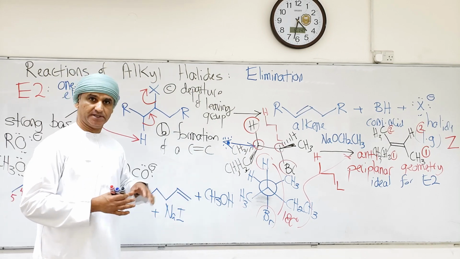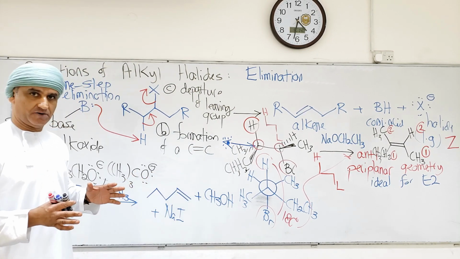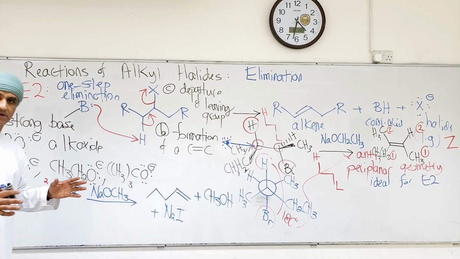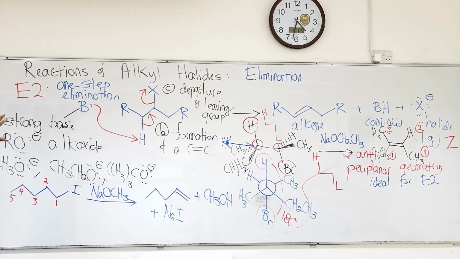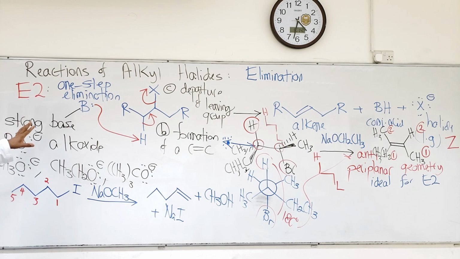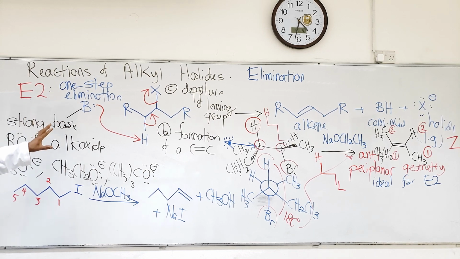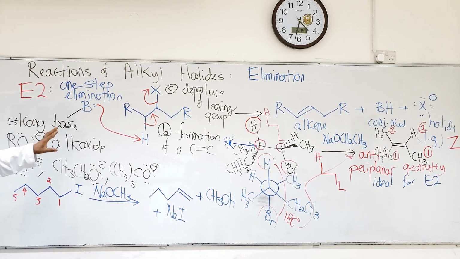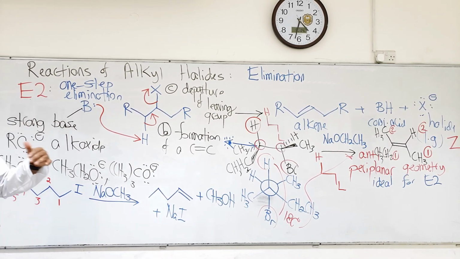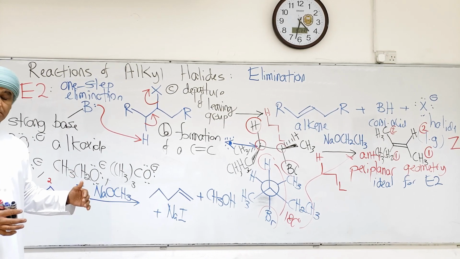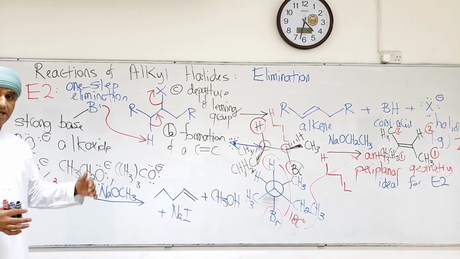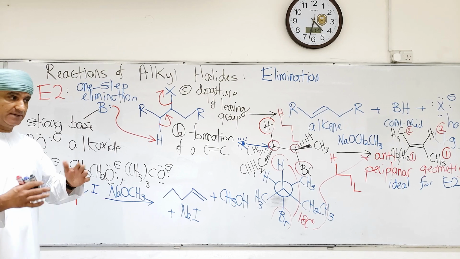So to conclude this lecture on E2 reactions, the base in an E2 reaction should be strong for it to do the three events in one step: for the base to be able to abstract a proton with simultaneous carbon-carbon double bond formation and departure of the leaving group to take place at the same time.